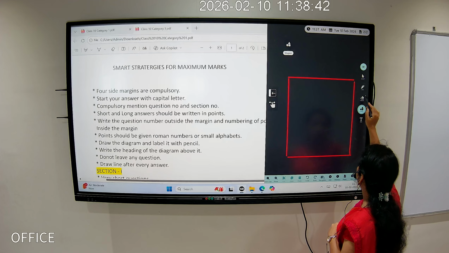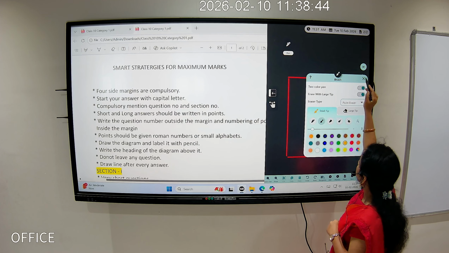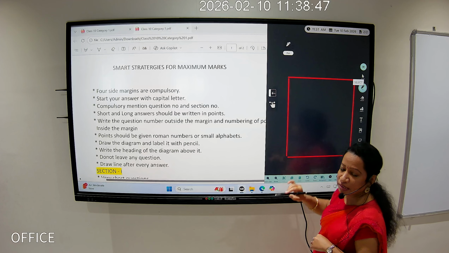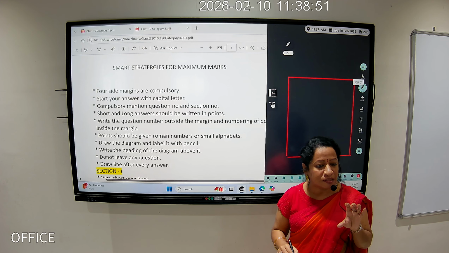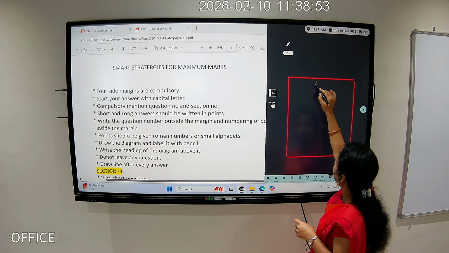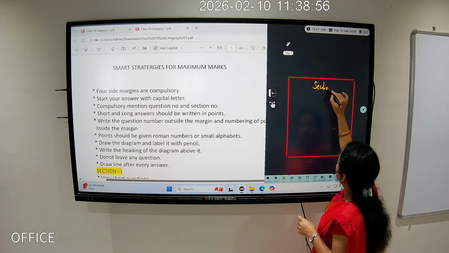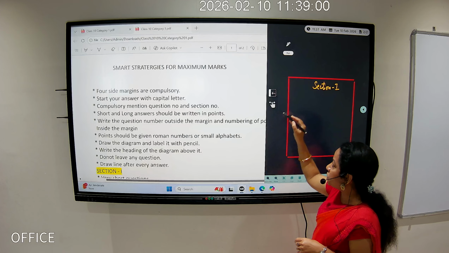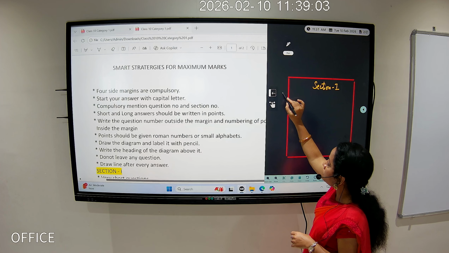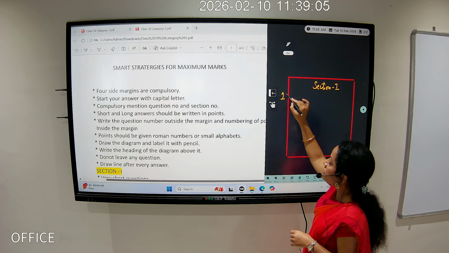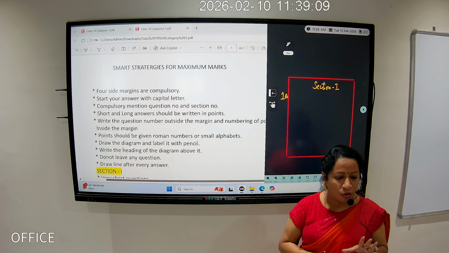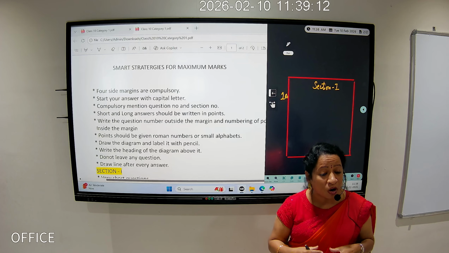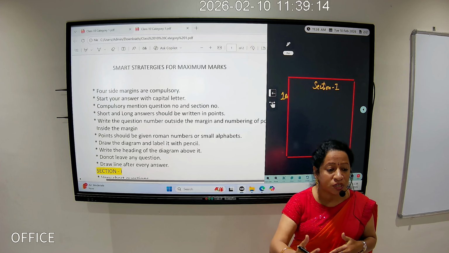You can write the section number here. See, if you are confident enough that you can attempt all the questions in that section, write down like section 1. Okay, you can write section 1 and write your question number here. First answer. Okay, so then you start. No, you are thinking that I may not attempt all the questions, I need to change the section.